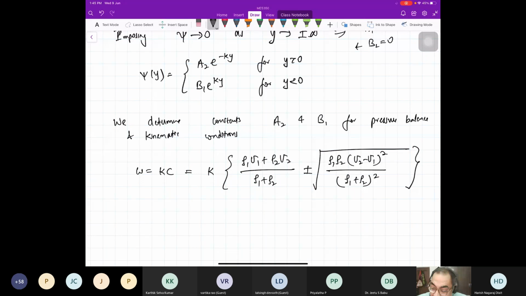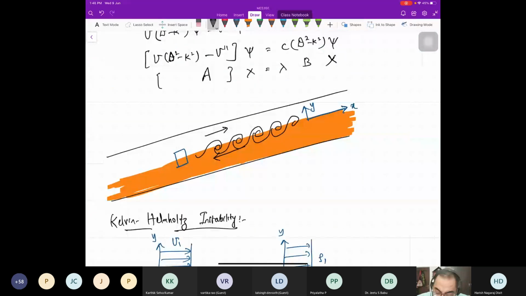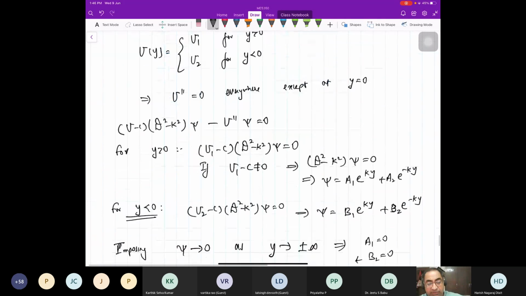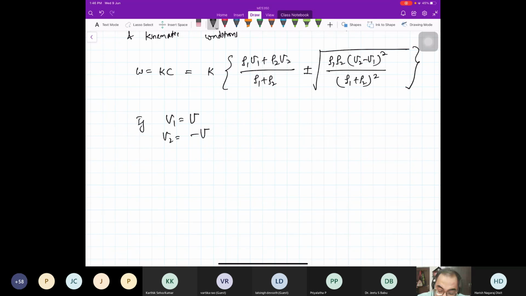Remember the experiment that I showed you: the lighter fluid is going up, the heavier fluid is coming down. Let's assume that they are going up and coming down with the same velocity, which means that if u1 is equal to u, u2 is equal to minus u. That's the first simplification.